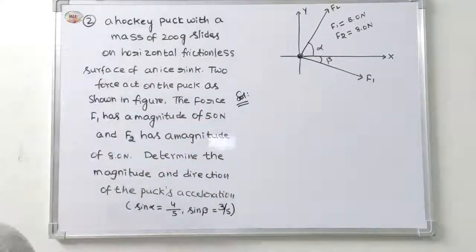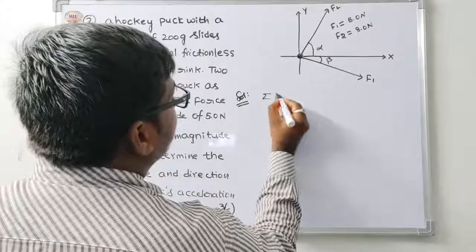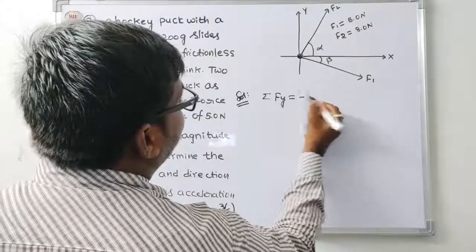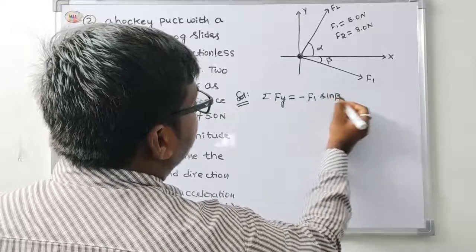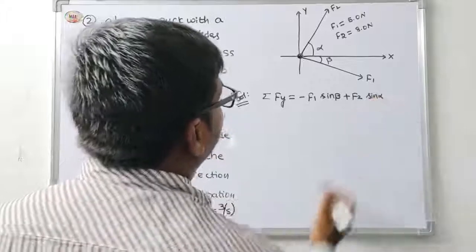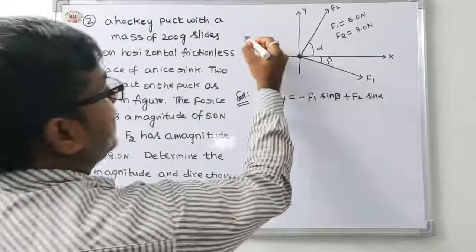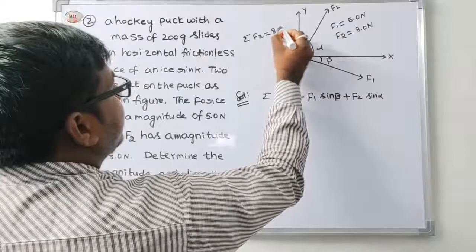Next, substitute the values. Sigma Fy is equal to minus F1 sin beta plus F2 sin alpha. Already sigma Fx was found, write that value, 8.8 Newton.